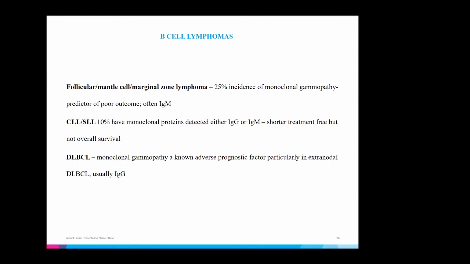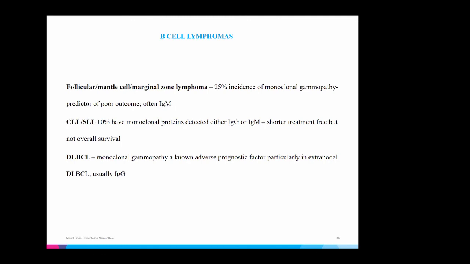And it's actually a predictor of poor outcome in these patients, and it's often an IgM monoclonal protein. So CLL, or small lymphocytic lymphoma, 10% of those patients have monoclonal proteins detected, and they may be either IgG or IgM. And they're said to have a shorter treatment-free survival, but not a difference in overall survival.